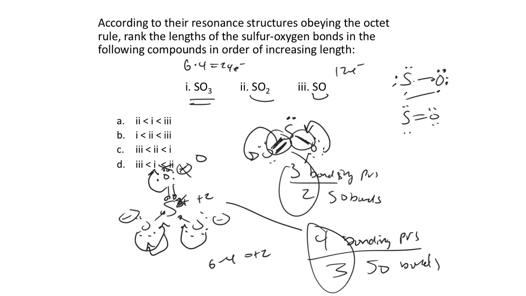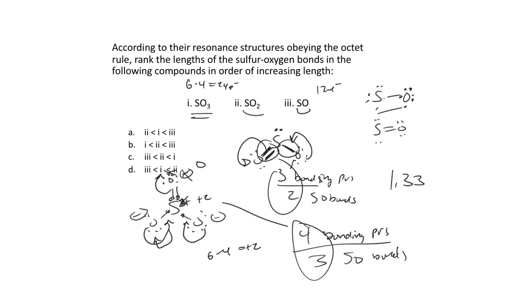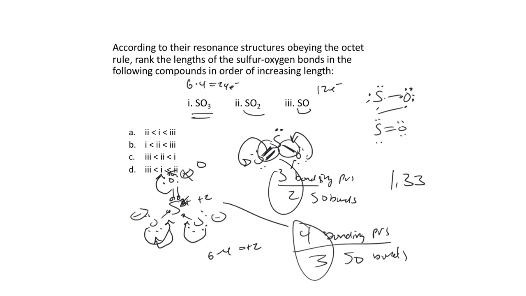So we have a 4/3 bond, which is 1.33. That's going to be the longest bond, because it's closer to single. Then we have the 1.5 bond, and then the 2 bond being the shortest. So SO should be the shortest, SO2 in the middle, SO3 the longest bond, from our prediction from these Lewis structures.